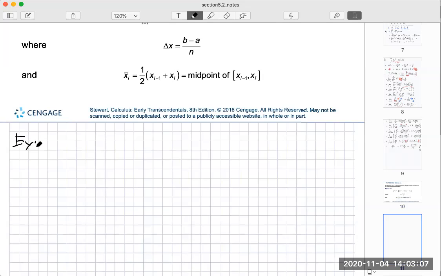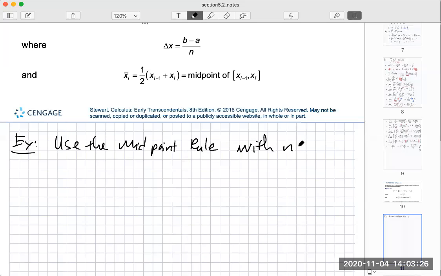The same story. Let us use the midpoint rule with n equal to 5 to approximate the integral from 1 to 2 of 1 over x dx.